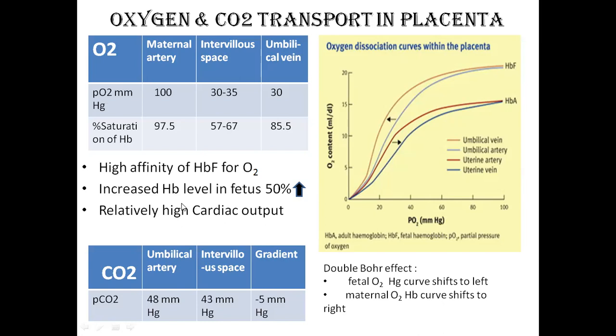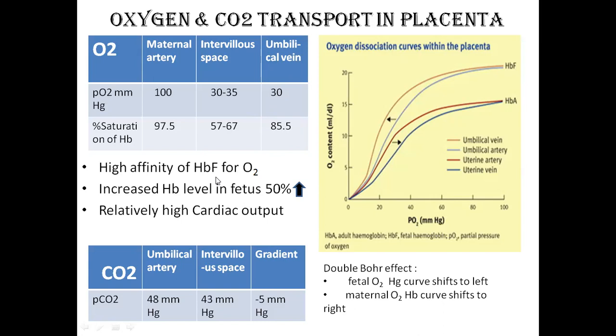This manages the oxygen demand of the body, and the percentage saturation is as high as 85%. In case of umbilical artery with a PO2 of 23, we can see the saturation is 65 to 66%.